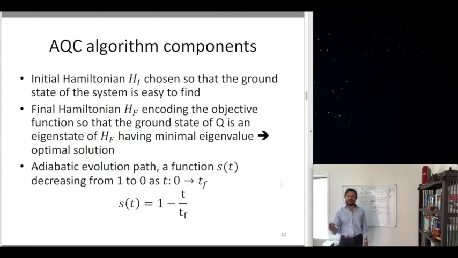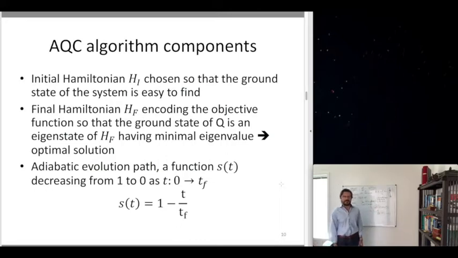So what is the problem that I want to solve? It is possible to express that as a matrix, this objective function, so that the ground state Q that we want to find is a solution to the problem. So it's an eigenstate of HF, the final Hamiltonian, having minimal eigenvalue.